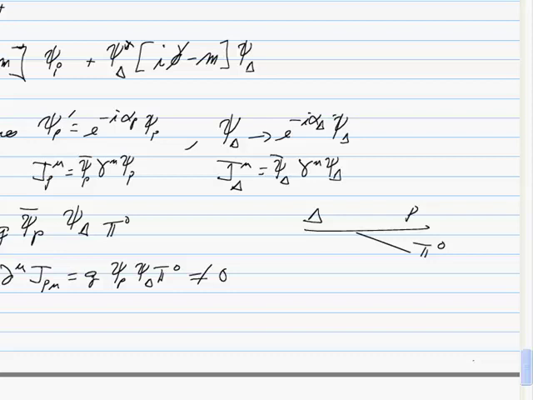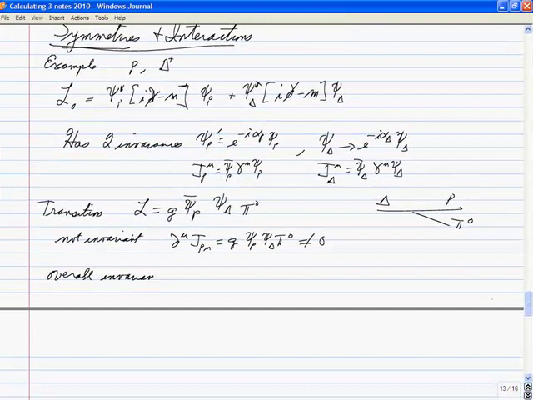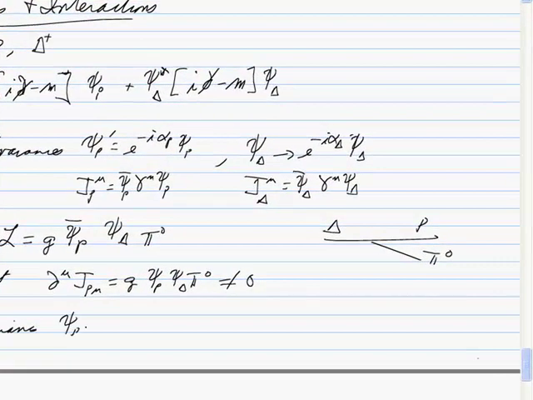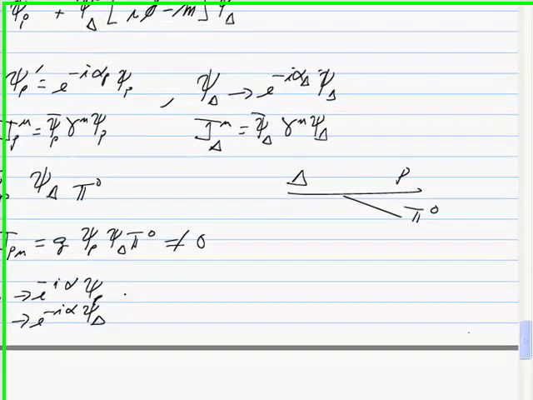But there's still conserved an overall number. So if you wrote psi proton goes to e to the minus i alpha psi proton, psi delta goes to e to the minus i alpha psi delta, okay, that's with the same alpha.